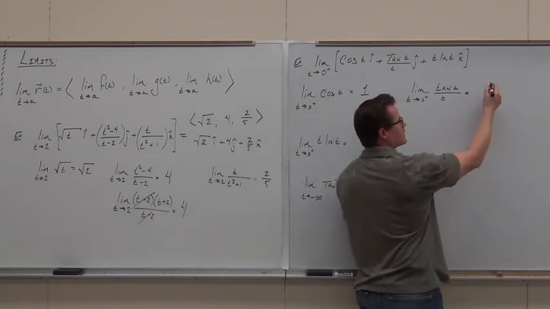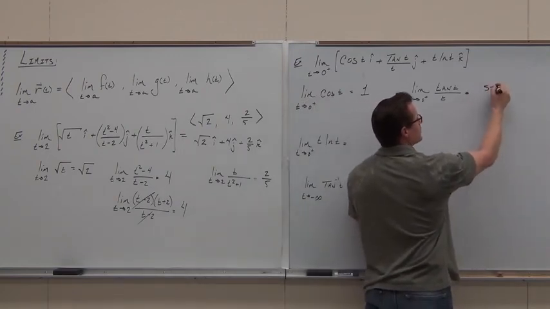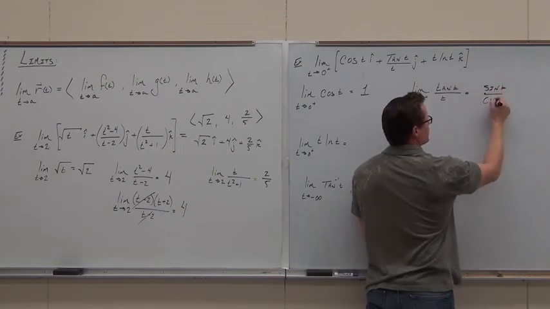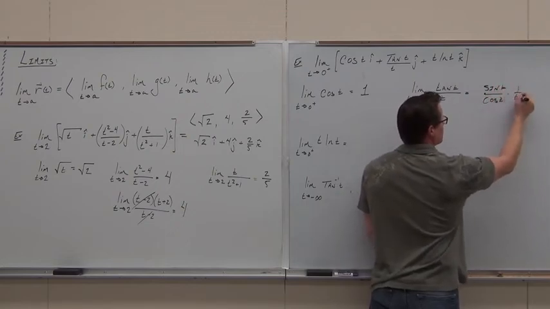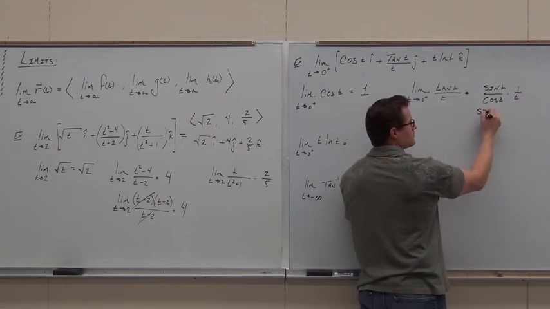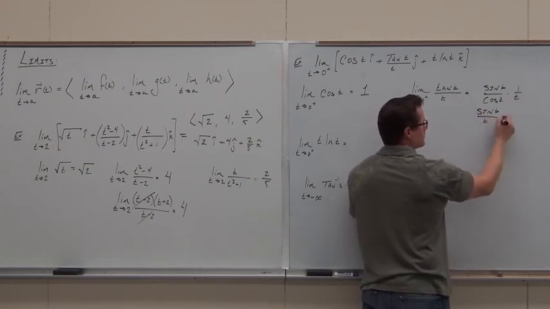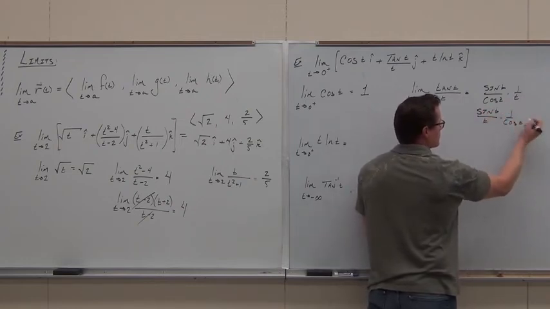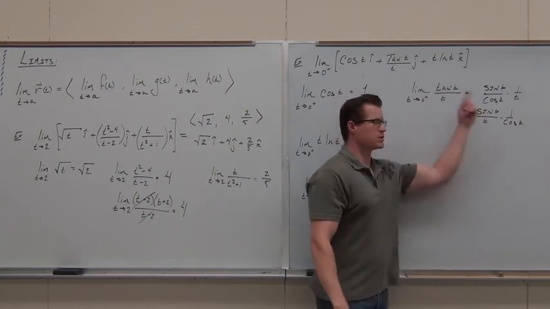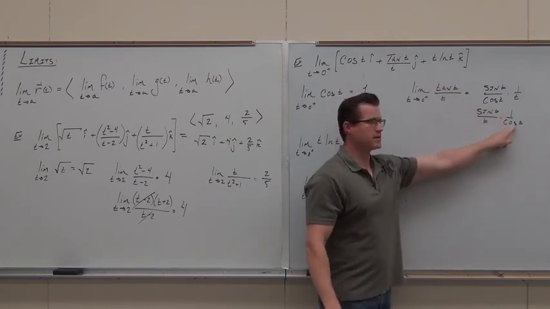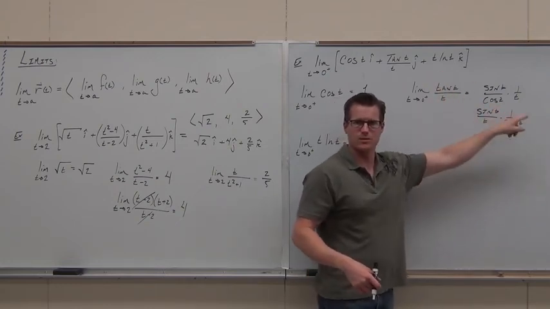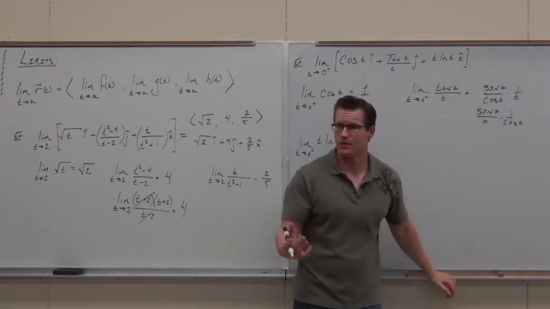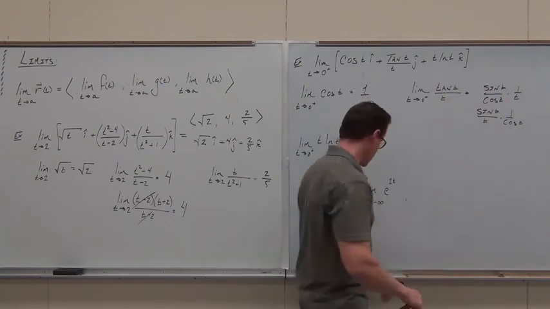You can do things like this. I'm cheating because I'm not going to write the limit, which I would kill you guys for, but you can do things like that and switch them. You go, hey, limit of sine t over t is 1. Cosine t, that's also 1. So 1 times 1, this limit is 1. So if you have that one, you could do L'Hopital. You can do a lot of stuff with this.